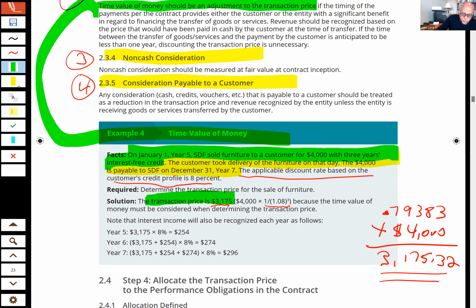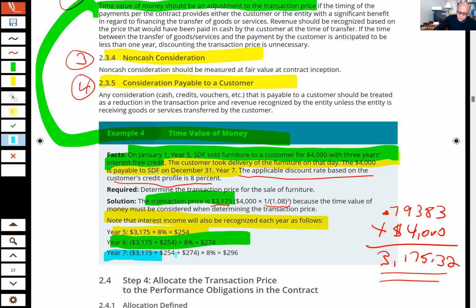Now, what's going to happen? Then as you go through each year, that piece, the interest income part, is recognized over time. And so in the first year, the $3,175 times the interest rate of 8% means you've earned interest of $254. Then using compound interest factors, right? You take that interest and add it onto the principal. 8% of that gives you the amount for year 6.